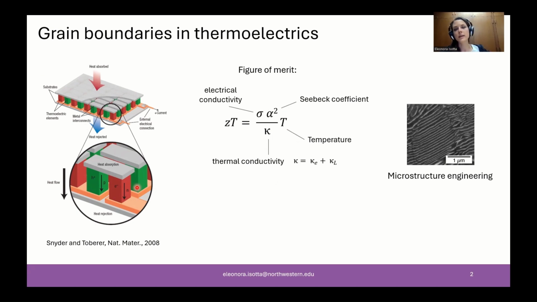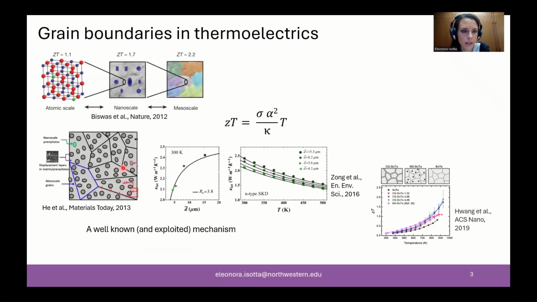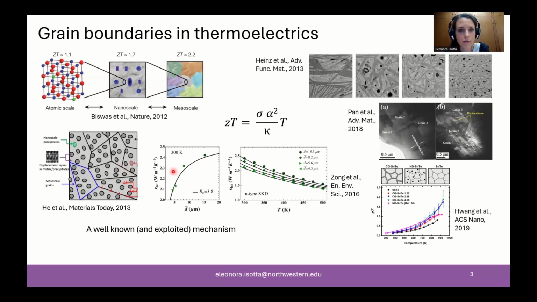And normally, we want to have as low a thermal conductivity as possible. That's why researchers have been using microstructure and grain boundary engineering for suppressing the thermal conductivity. Really countless are the studies in the thermoelectric field that have been exploiting grain boundary engineering for suppressing the thermal conductivity and improving the figure of merit.